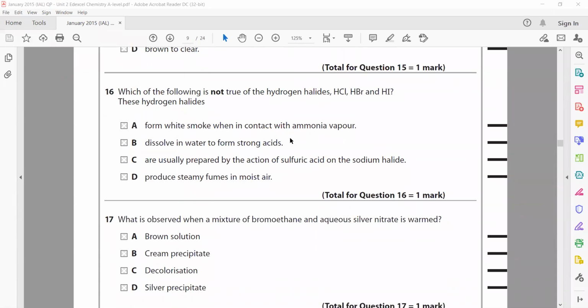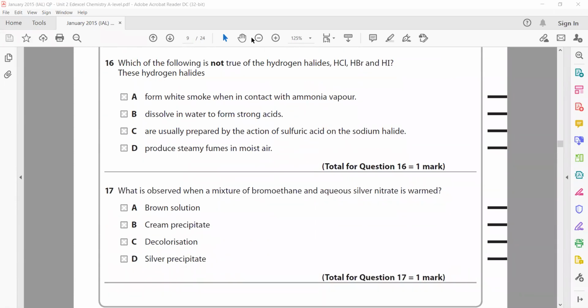Which of the following is not true for the hydrogen halides, HCl, HBr and HI? Form white smoke when they come in contact with ammonia. That's true because it will form ammonium chloride, ammonium bromide. That will be right. Dissolve in water to form strong acid. That's also true.